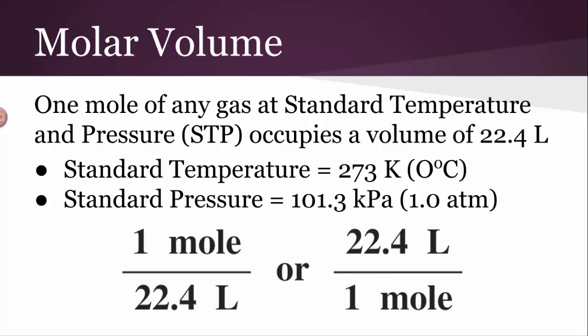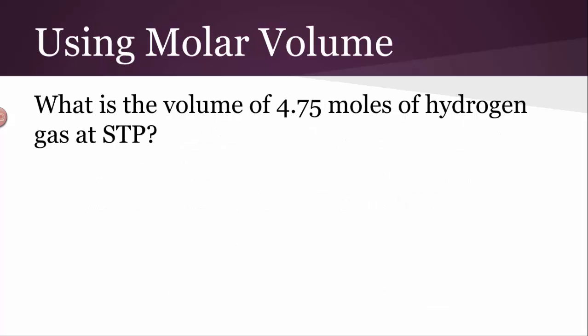If those are the cases, I can write this relationship. 1 mole is to 22.4 liters, or 22.4 liters over 1 mole, depending on what kind of problem I'm doing. So here's an example. What's the volume of 4.75 moles of hydrogen gas at STP? I'm talking about volume, so I know I'm going to be using one of those 2 conversion factors that I just showed you.